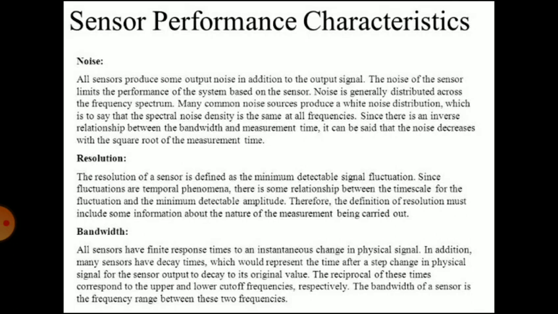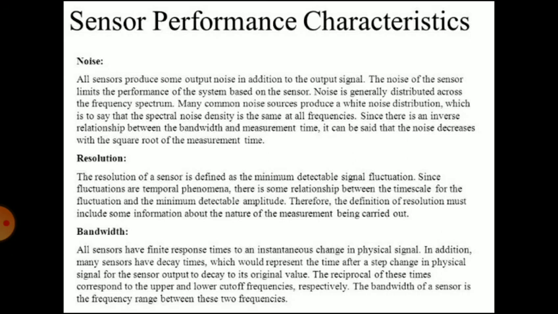Then noise. All sensors produce some output noise in addition to the output signal. The noise of the sensor limits the performance of the system based on the sensor. Noise is generally distributed across the frequency spectrum.